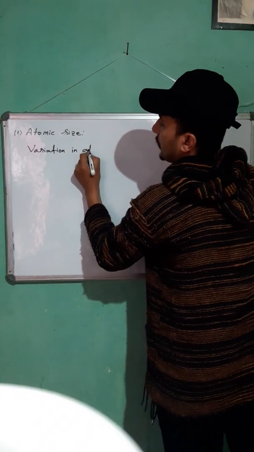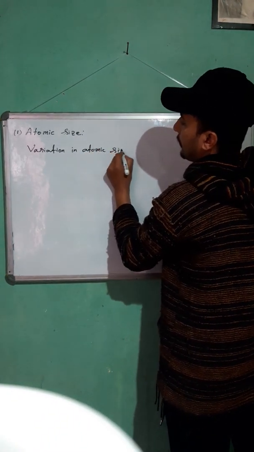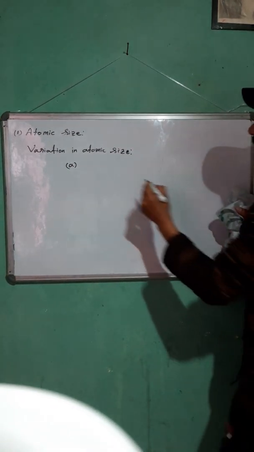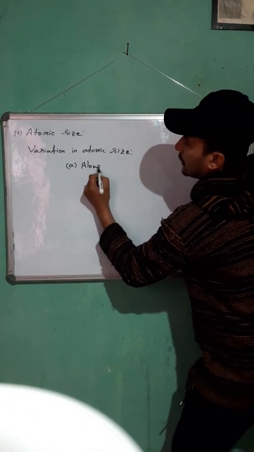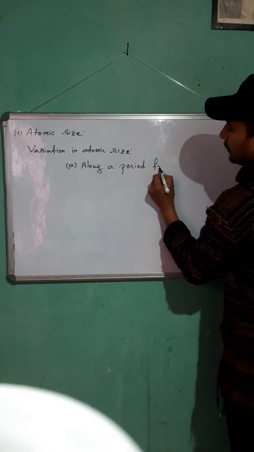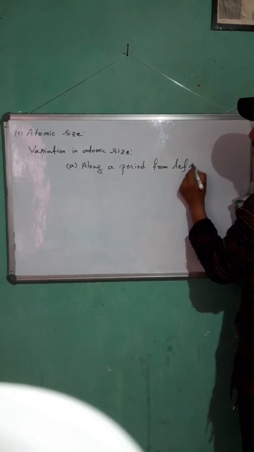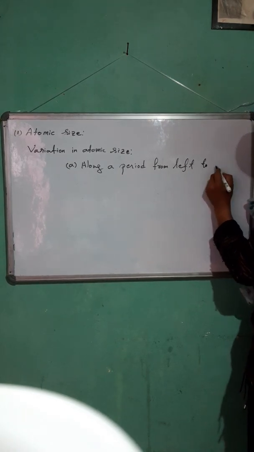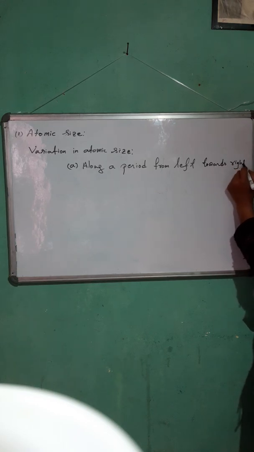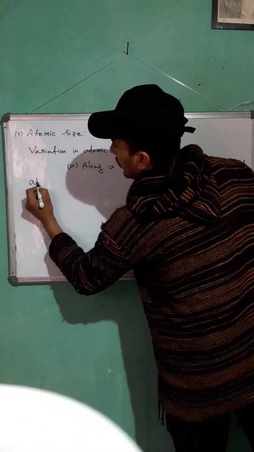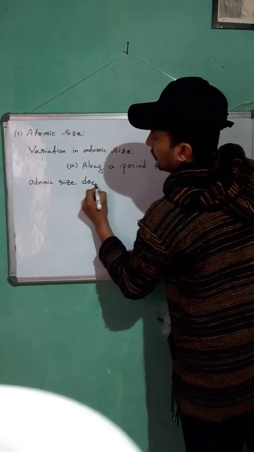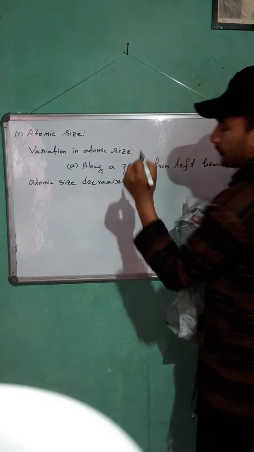Number A, along a period, from left towards right, atomic size decreases.